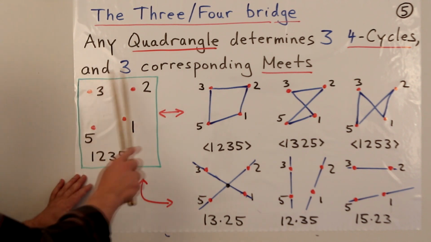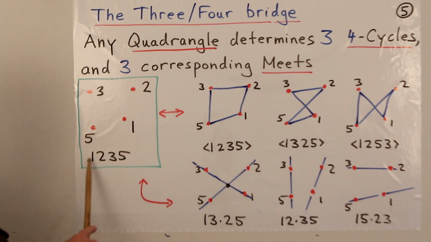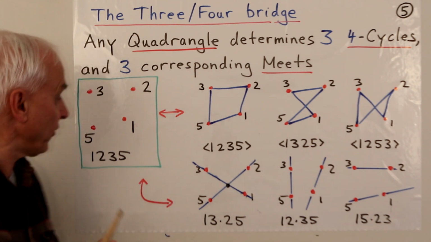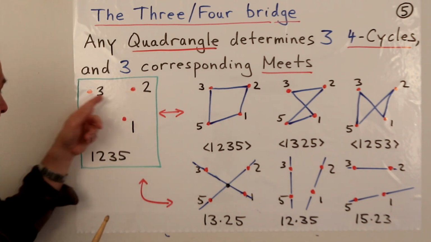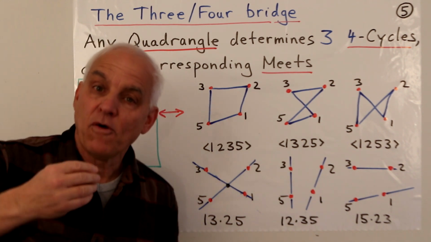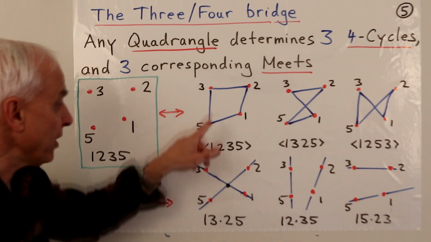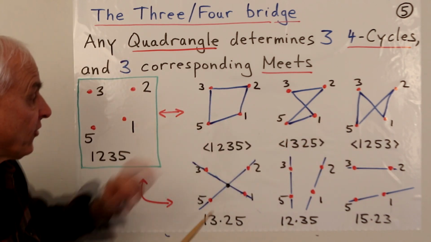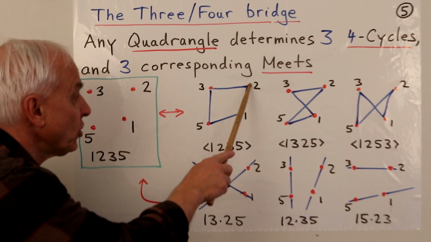So let's start with a quadrangle. Here's the quadrangle 1, 2, 3, 5. That's just a set of 4 nodes. 1, 2, 3, 5. Now associated to this set, there are 3 4 cycles. And here they are. Okay, so the first one here in this list is the cycle 1, 2, 3, 5.